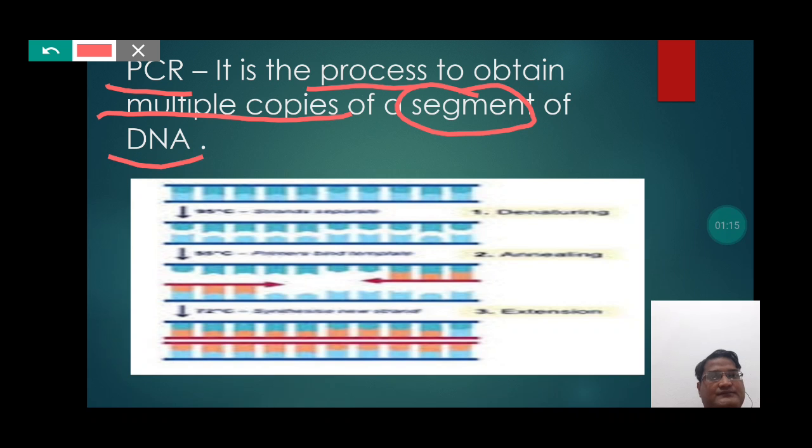We can say that from a small piece of DNA, a huge number of copies of it are made, and that process is called PCR.